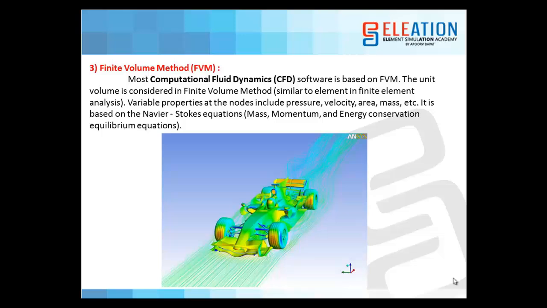Then the finite volume method. Most computational fluid dynamics software is based on the finite volume method. The unit volume is considered in the finite volume method, similar to the elements in finite element analysis. Variable properties at nodes include pressure, velocity, area and mass, etc. It is based on the Navier-Stokes equations, that is mass, momentum, energy conservation, equilibrium equations.